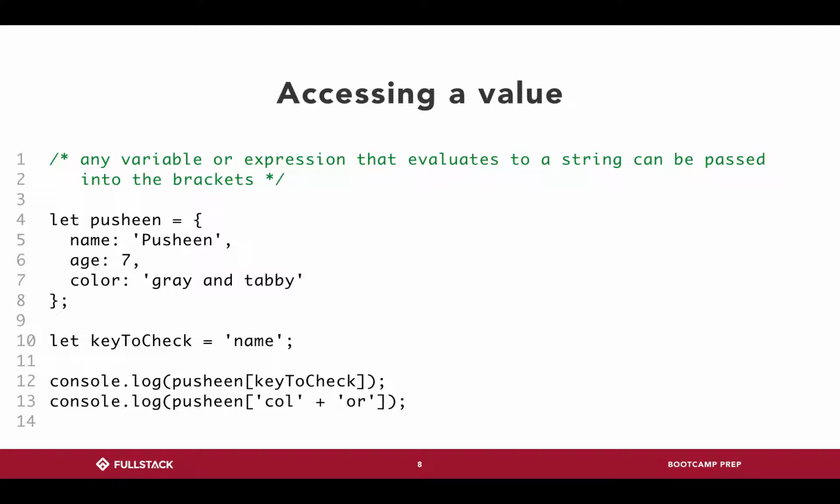So that logs gray and tabby, because the key color is gray and tabby. Same goes for this expression, keyToCheck. We don't have a key called keyToCheck, but that's okay because we're not trying to find the value associated with the key called keyToCheck. We're trying to find the value associated to what the variable keyToCheck evaluates to, and that is the string name.